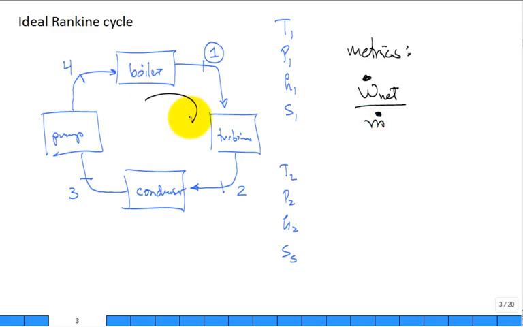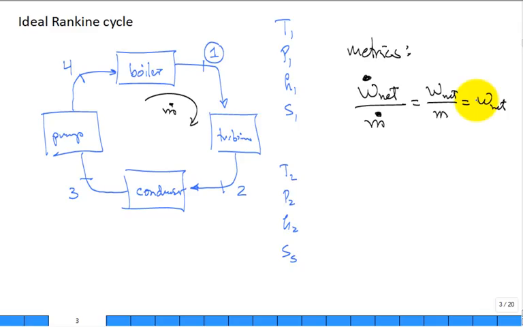This would be the mass flow rate. Practically, you would like to not have to move many kilograms of steam in a loop to get some power out. That's a practical, pragmatic metric. So it's also W net divided by m, or sometimes we'll use a lowercase w net, the specific work per unit mass. That's the net work out of the cycle per unit mass.